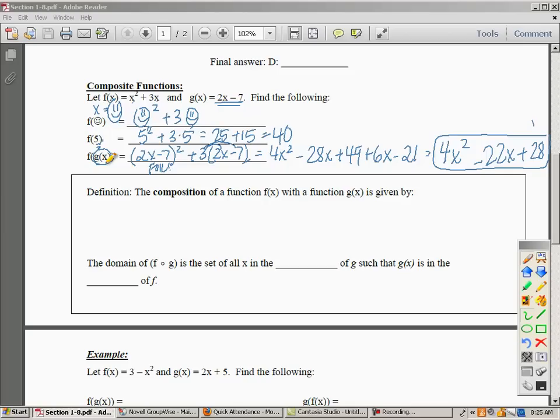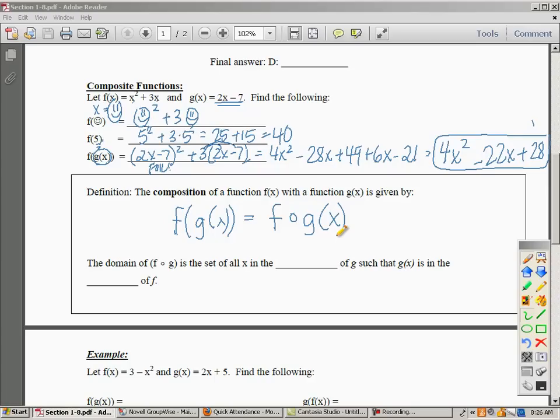Now, your notation that you're used to in Algebra 2 says f of g of x. However, your pre-calc book writes it like this: f with an open circle of g of x. I want you to know that that open circle means that you're taking a composite.